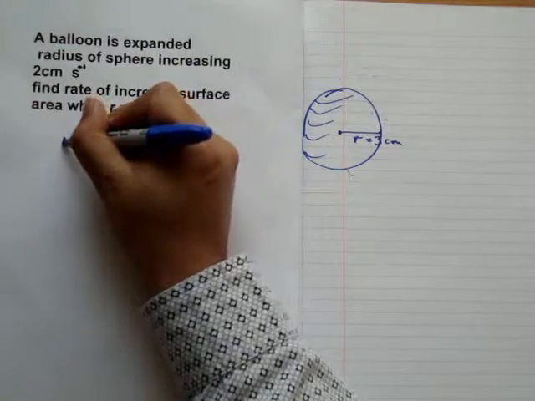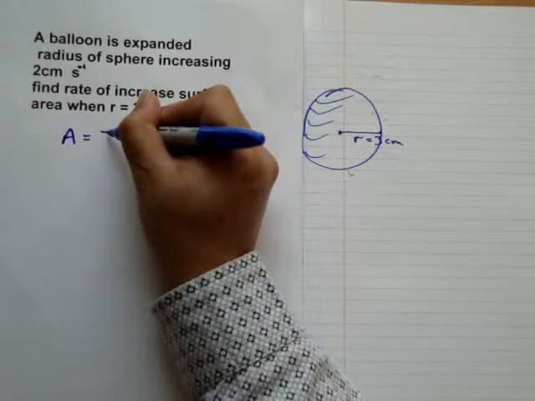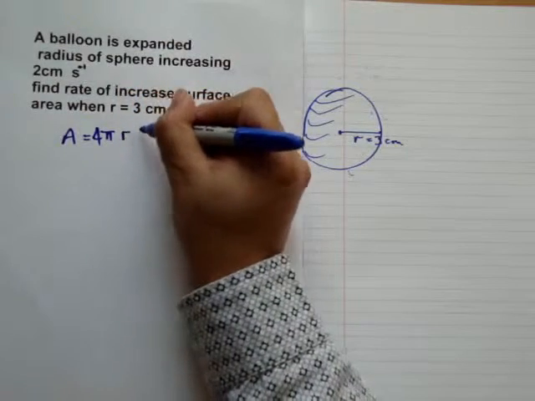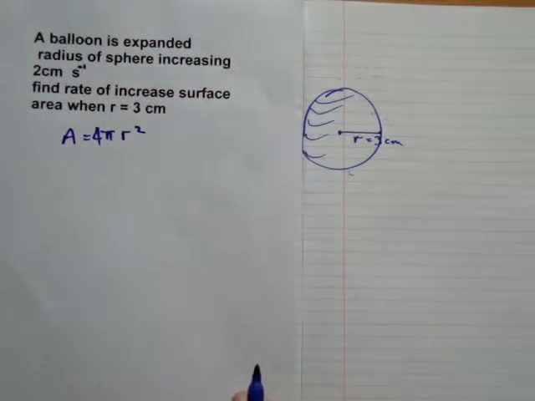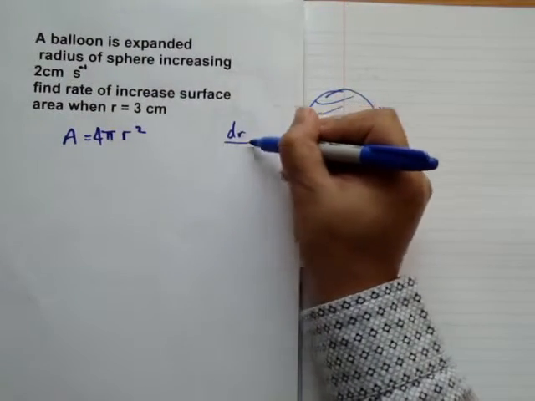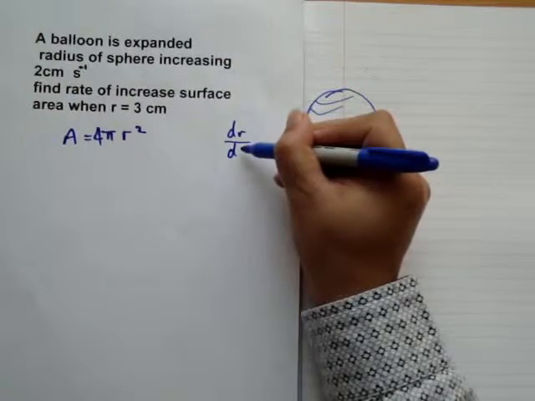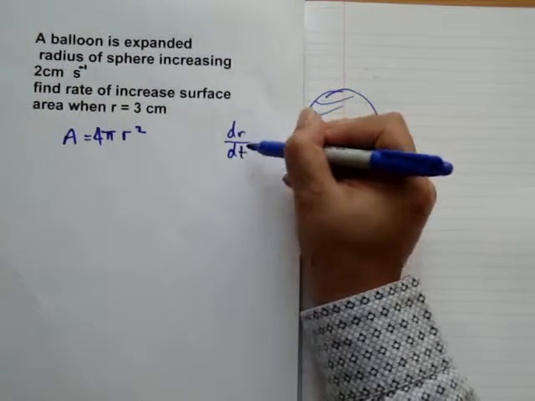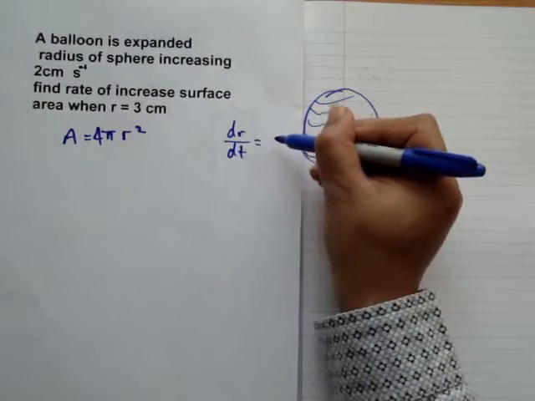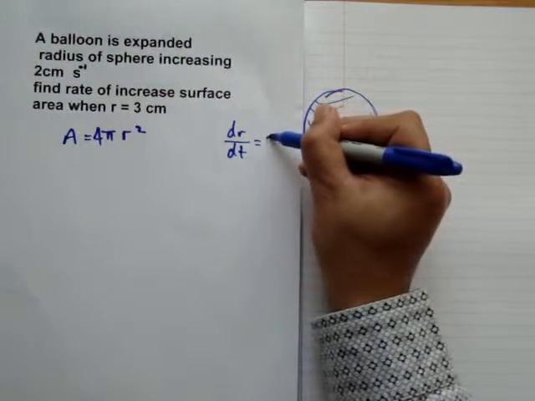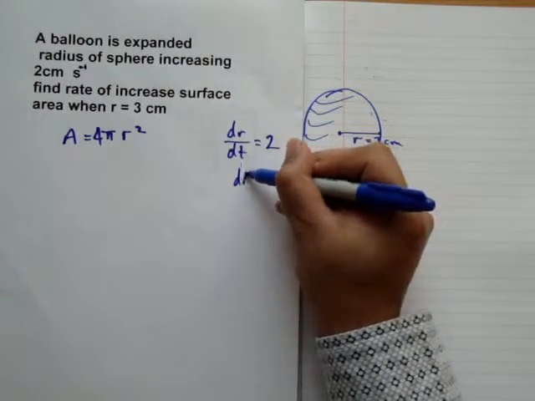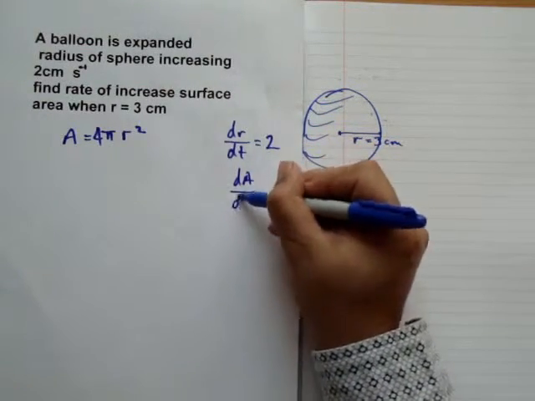The area of a sphere is given by 4 pi r squared, that's the surface area. We know that dr by dt is 2, that's the rate of increase of the radius, and we want to find dA by dt.